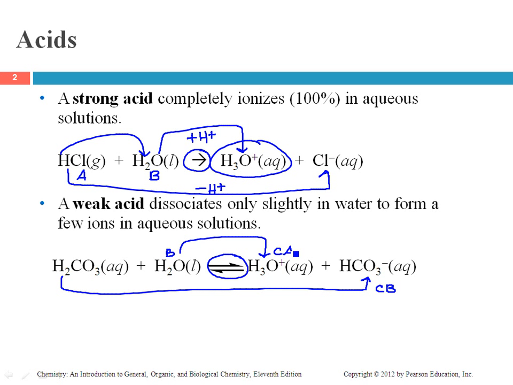However, it's weak, and so the ions that are produced will also recombine and form back the product. So it's a reversible reaction. You have ions being produced, then you also have the ions reacting together and shifting the equilibrium. This is an equilibrium arrow, shifting it back to the left over here.